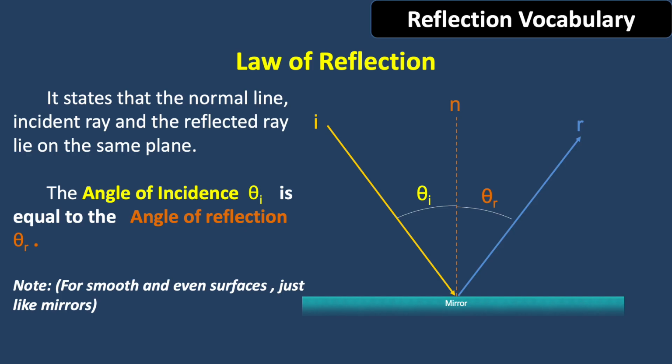This law is why mirrors are so predictable. This is why you always know exactly where your image will appear when you look into a mirror. The light bounces off the mirror surface with perfect mathematical precision. With this law defined, we can now start building ray diagrams for our plane mirrors.